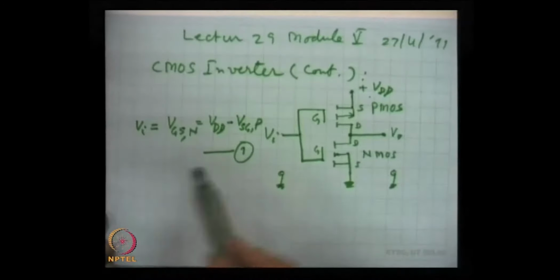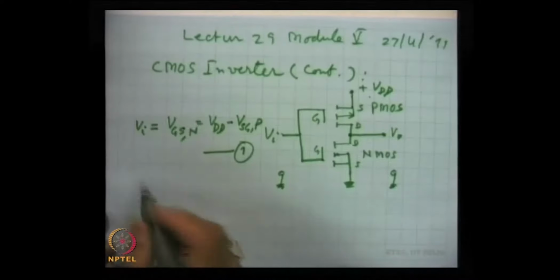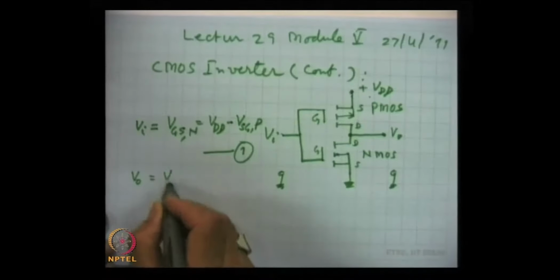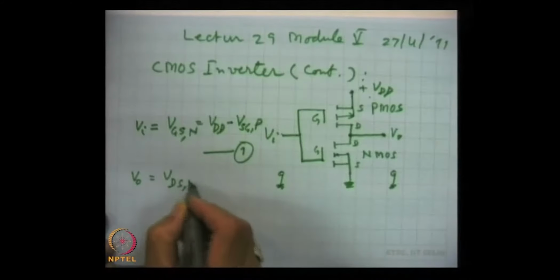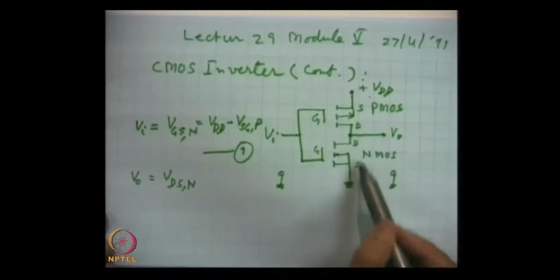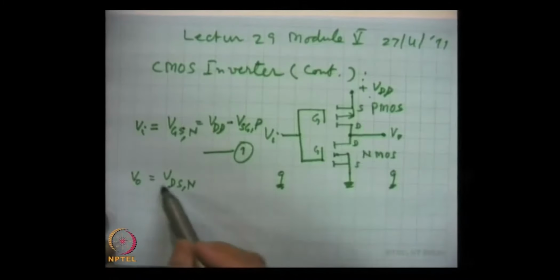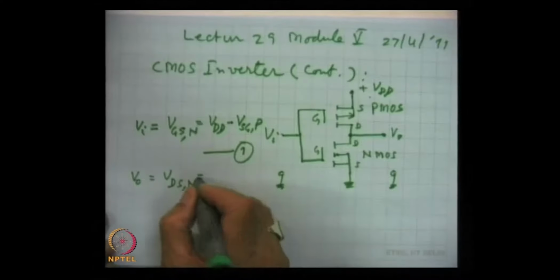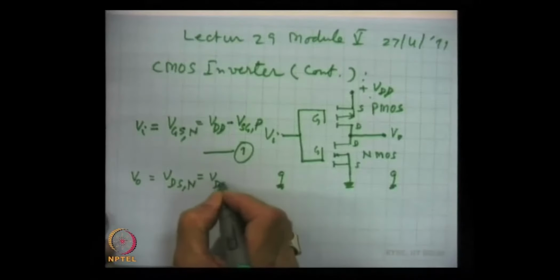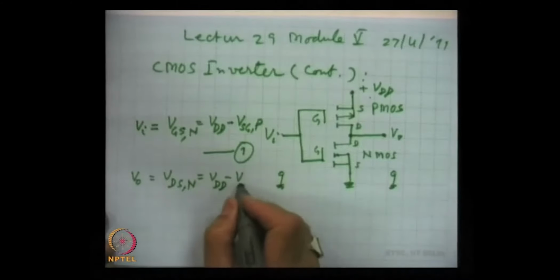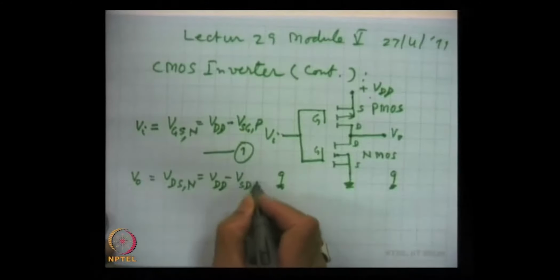Similarly, we can write for Vout: this is VDSN, D and S for NMOS, and it is equal to VDD minus VSDP.